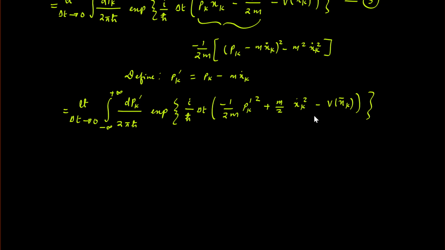As you can see, these two terms, m by 2 x_k dot square and V, are not functions of this p prime, so I can take them out from this integral. So let's do it.